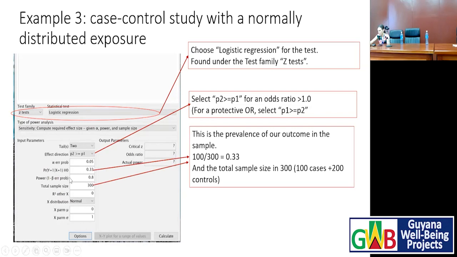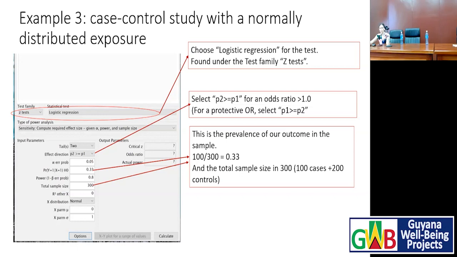Here, the probability of y equals 1 given x equals 1 under the null hypothesis is going to be the prevalence of our outcome in the sample. Remember, we had 100 cases out of 300 total participants. That's 100 cases, 200 controls, so 100 out of 300 total.